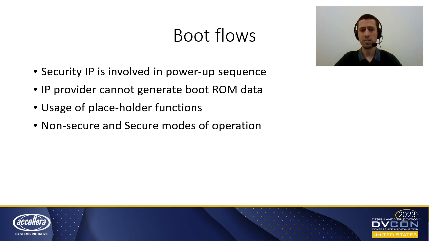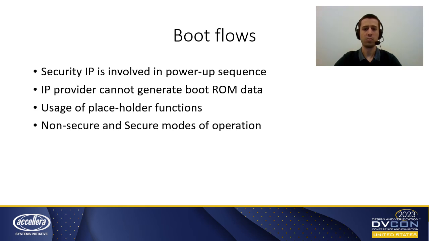This may sound reasonable, but we have to understand that the boot flow can change over time, so the power up sequence changes, and each time we change it, we may need to request new boot ROM code from our IP provider, which could create a lot of dependency, which we want to avoid.